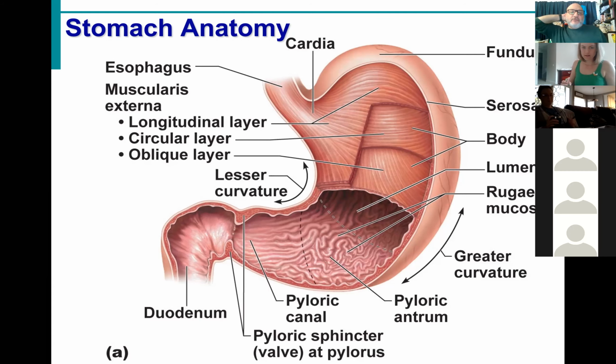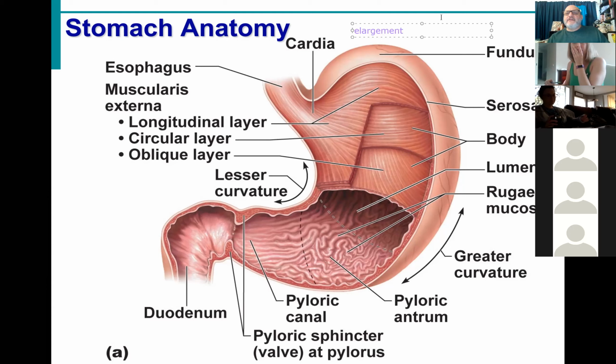But there are also some specializations to the stomach. So while we start here at the gross anatomy, let's talk about some of the obvious specializations that we can see. The first is obviously a major enlargement of that tube. It isn't just a tube. We have this major enlargement that comes out of it, dividing this organ basically into four main regions.